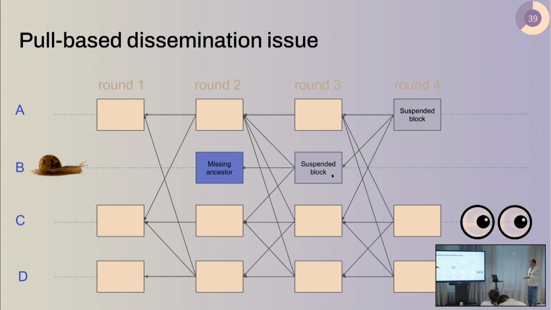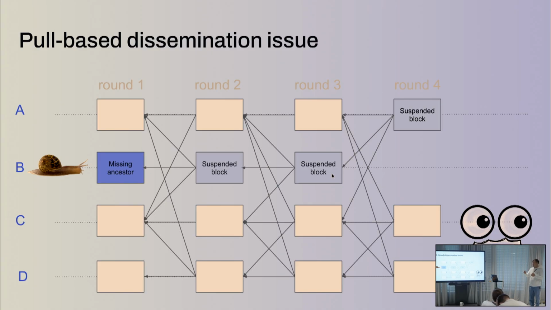And it takes quite some time just to retrieve all this history. Because of exactly this effect, we sometimes had no progress on the consensus DAG because of such slow synchronization of blocks.